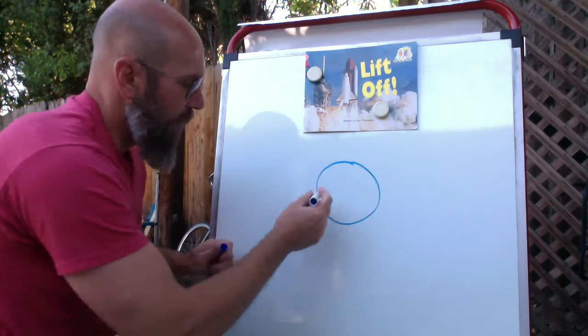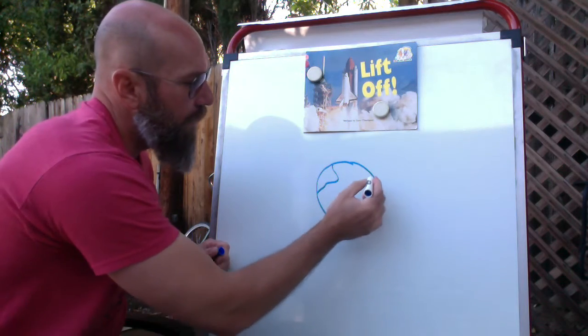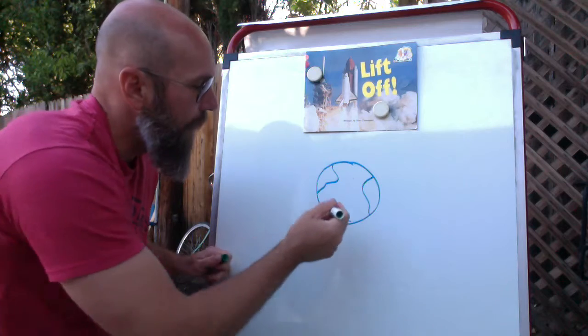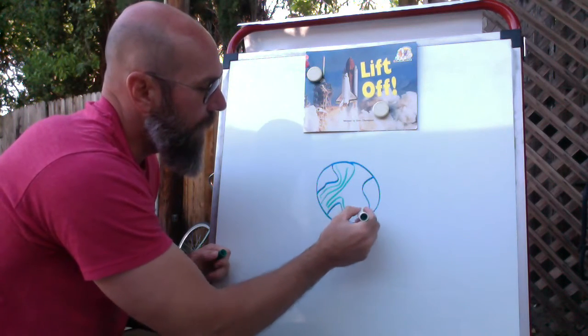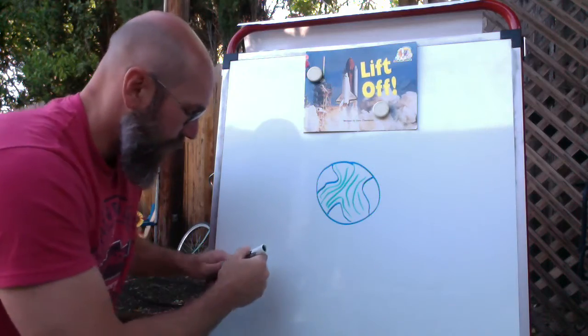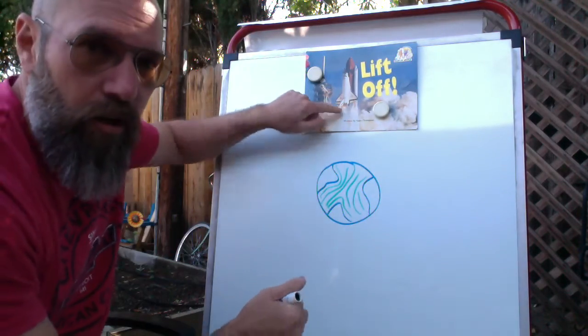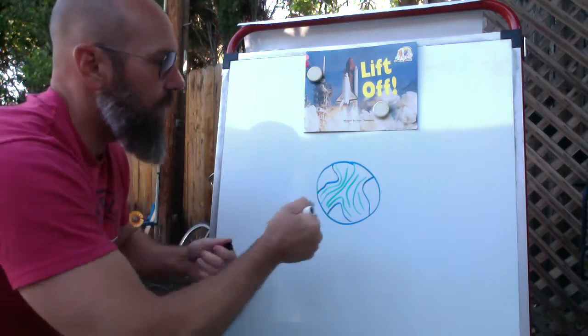Here's the Earth, and the Earth has a lot of water, and some land where we live. Okay, so now here is our rocket using lots of fuel to go into orbit.